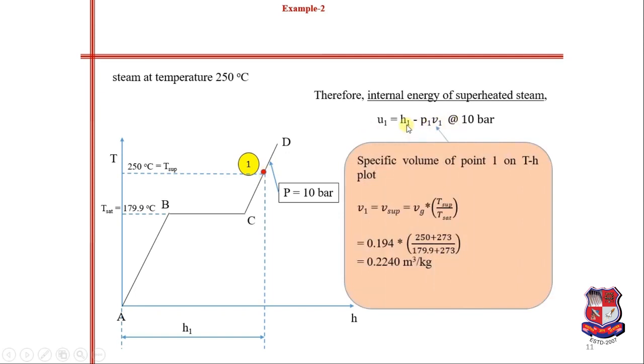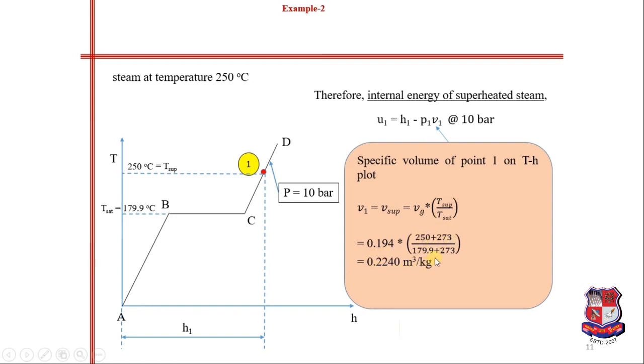H1 we have already found, P1 is 10 bar, and V1 is specific volume of point 1. Okay, here point number 1 is in superheated region, therefore V1 is V superheated is equal to Vg into T super by T saturated. Here keep in mind, convert temperature into Kelvin.